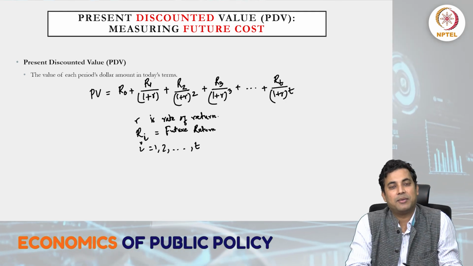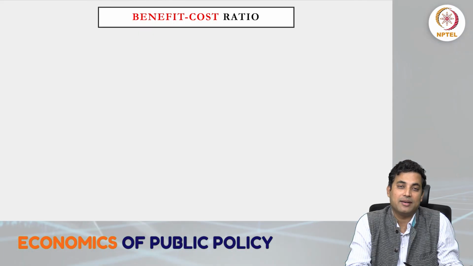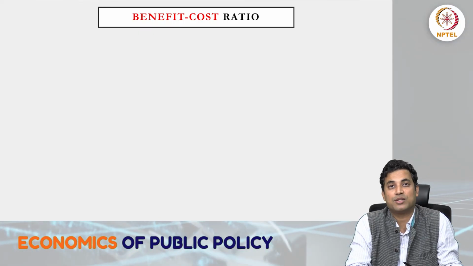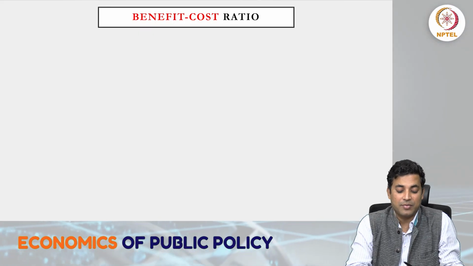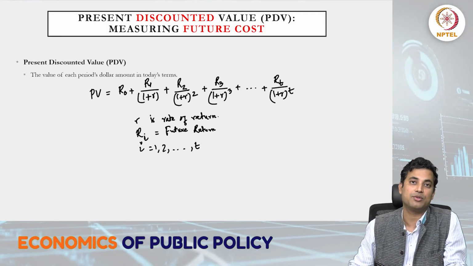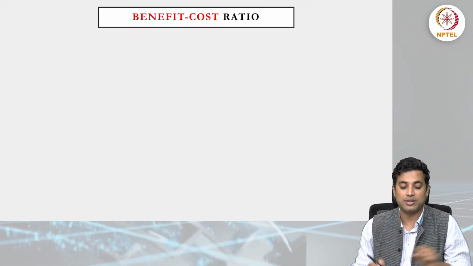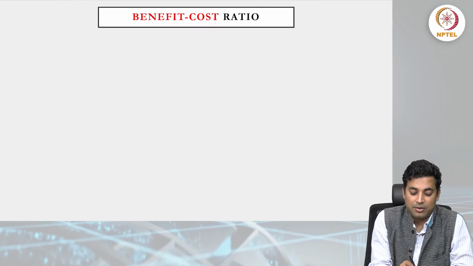Okay, so let's move to the next point, which is very important: the benefit-cost ratio. Following the present discounted value, the same method we can also use to calculate the benefit and the cost. Let us first calculate the benefit.